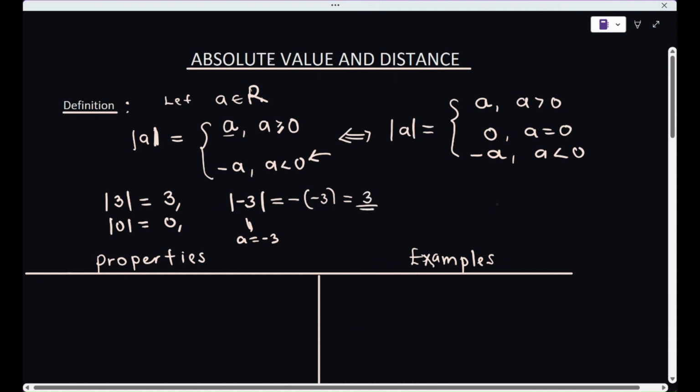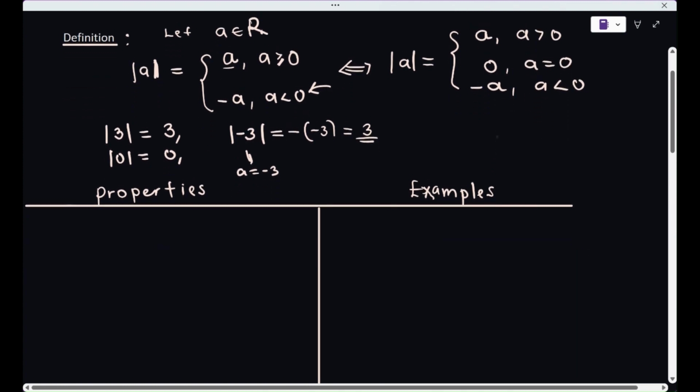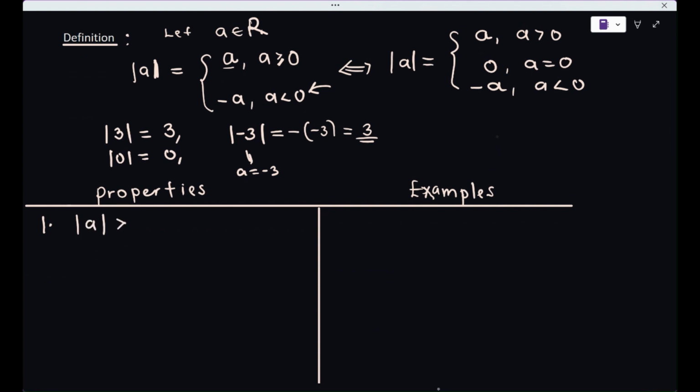All right. So let's see some properties of absolute value. The first property we will see is that absolute value of A is always non-negative. When we say it's greater than or equal to 0, we mean it is non-negative.